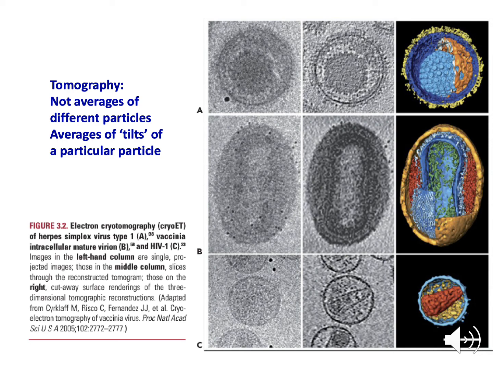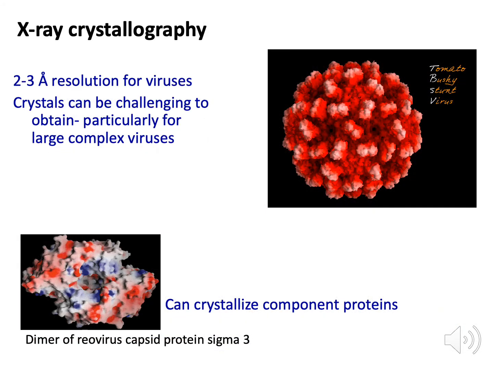Next, the next level up with respect to resolution is X-ray crystallography. And here we're down to low single digits in angstroms. For really complicated large viruses, X-ray crystallography has its limits, at least right now, but you can crystallize component proteins of more complicated viruses.